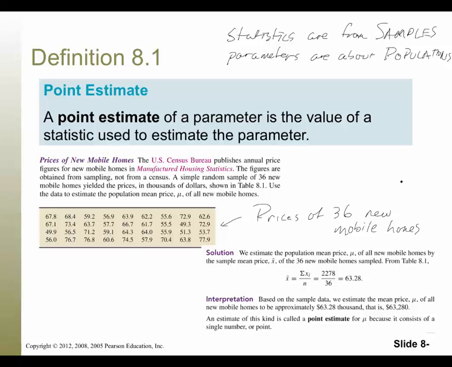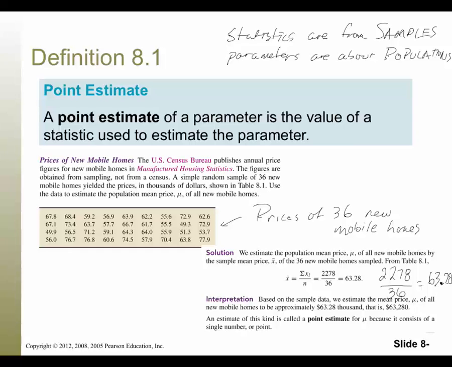Make sense? So here they're adding up all the prices of the new mobile homes. This is in thousands. So 2278 is the total thousands of dollars for all 36 mobile homes, divided by 36, gives 63.28.